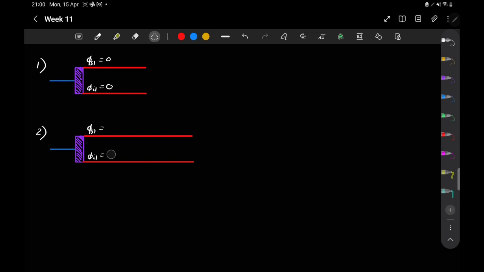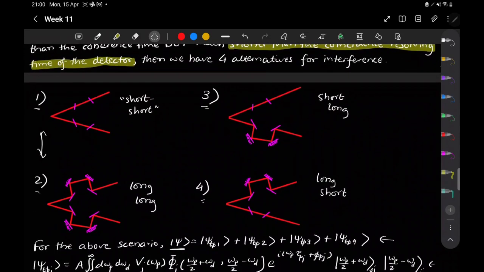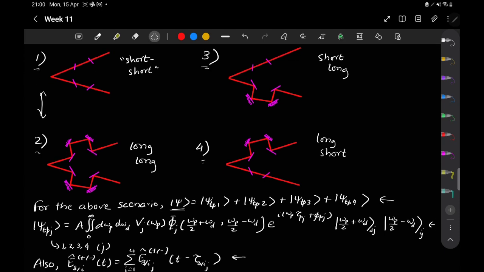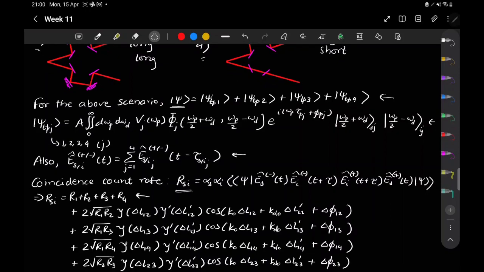and the phases here, there is a reflection at beam splitter, then two reflections at beam splitters and two reflections at mirrors. So mirror reflection is pi, so pi plus pi, that makes it 2 pi. Beam splitter is pi by 2, so 1 pi by 2 here, 1 pi by 2 here. That means from beam splitter reflection you have pi by 2 plus pi by 2, which is pi, and then 2 pi from these mirrors, that makes it 3 pi.